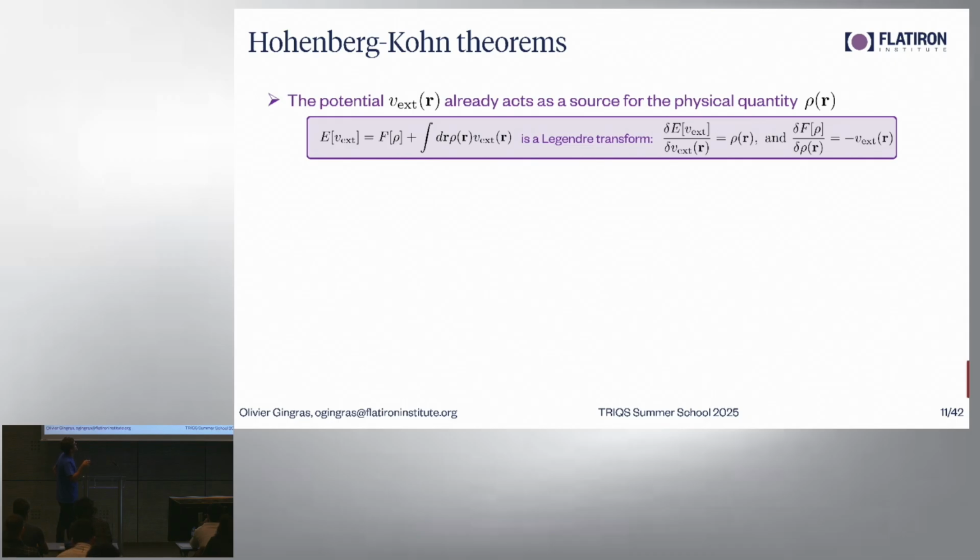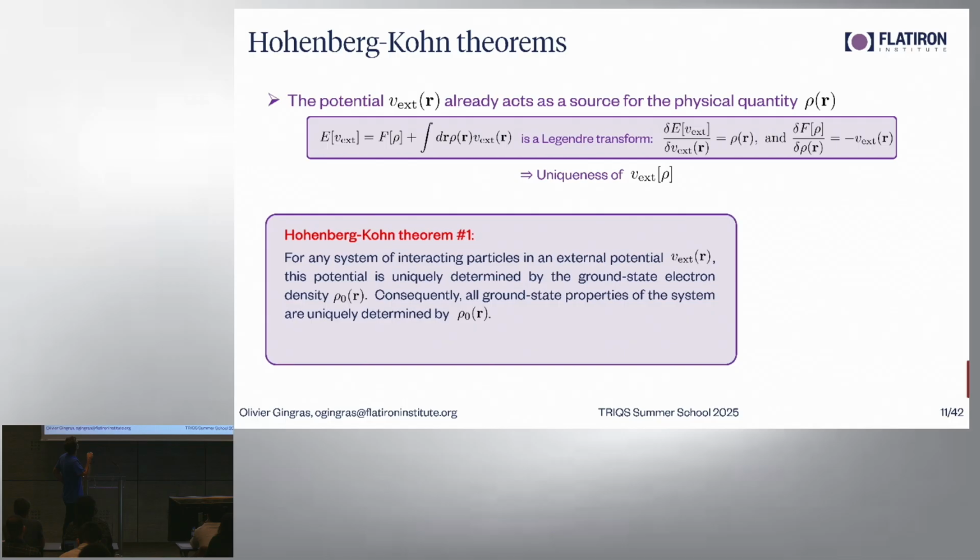And so by performing the Legendre analysis of this equation, we also find that the external potential is uniquely defined by a density because of Legendre's properties. And so this shows the uniqueness of the potential with respect to the density. And this is the first theorem of the Hohenberg-Kohn theorem.